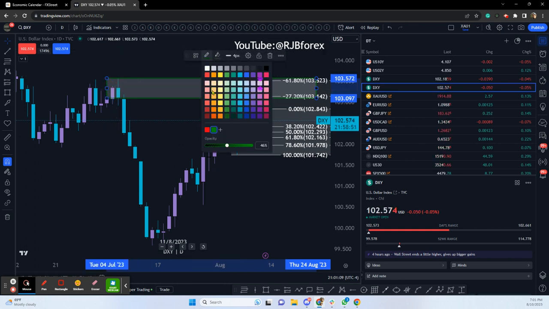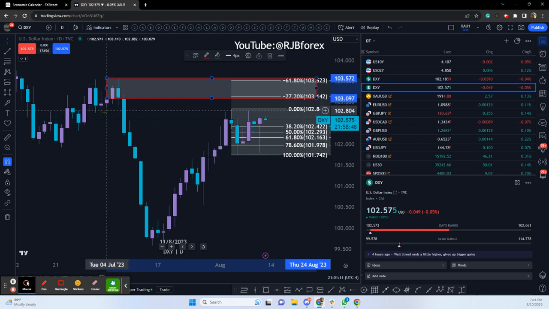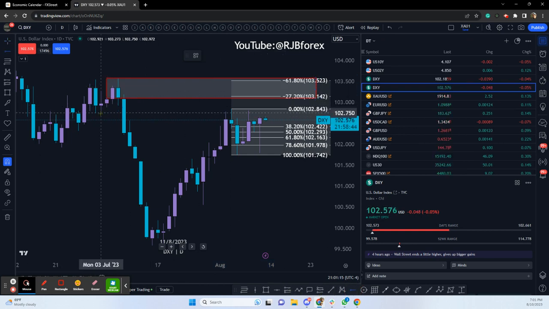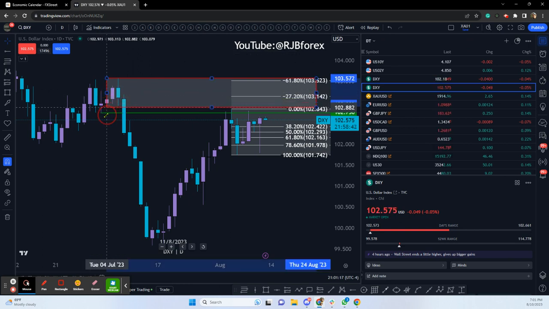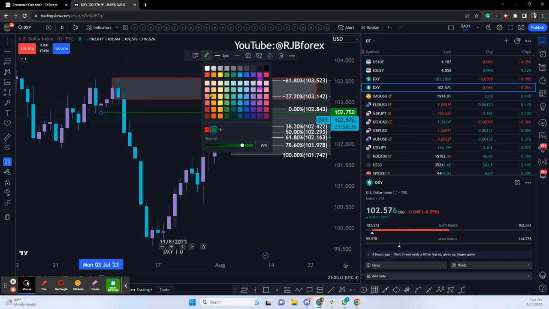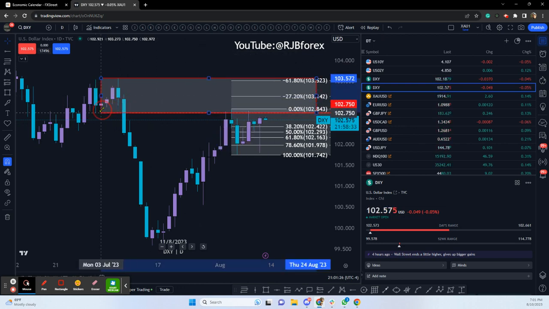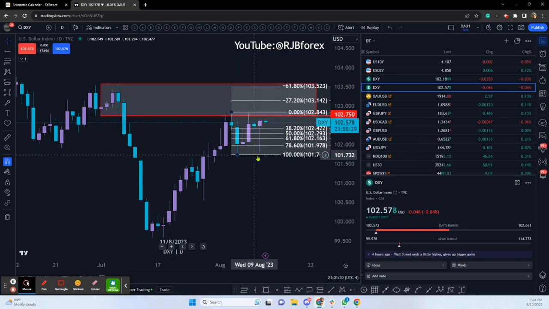So while we're up there, we may as well mark the entire order block up top, which is over here, unmitigated. So there are still prospects of a continuation to the upside.